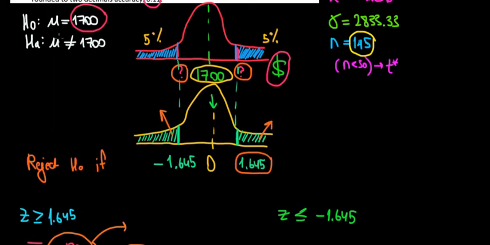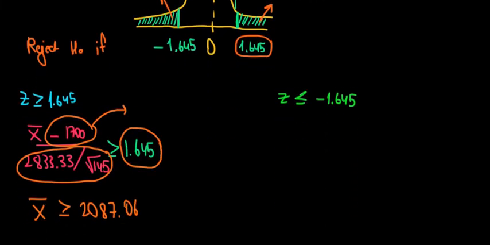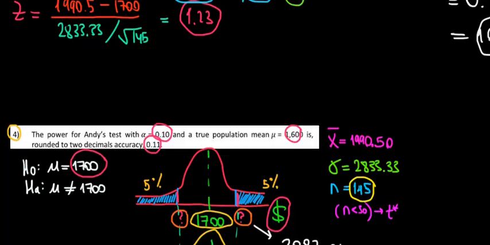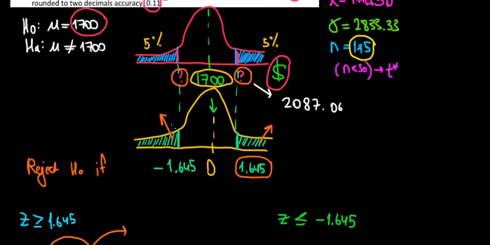That has to be the value on this side of the distribution. We can write it right here so that we have it graphically as well: 2087.06. Same logic goes here. We're replicating the math; the only thing that changes is the signs. We have the z value being less than or equal to minus 1.645, so that we can know the value where we can reject the null hypothesis on the left side. Same standardization, the difference between the sample mean and the population mean in terms of standard error.